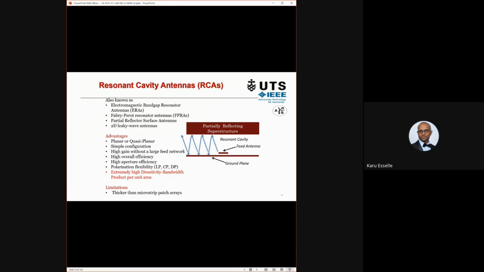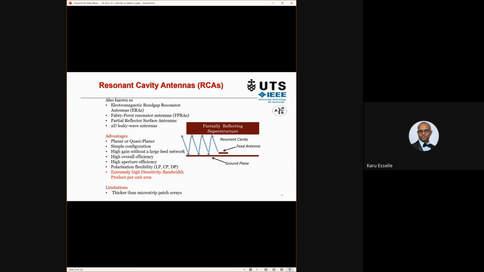And the other side of the cavity, the bottom, there's a ground plane. It doesn't have to be a ground plane, but it has to be a fully reflecting surface. So a very easy example, fully reflecting surface is a metal plate, right?